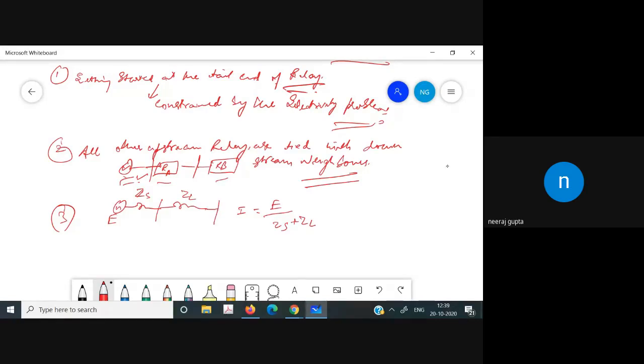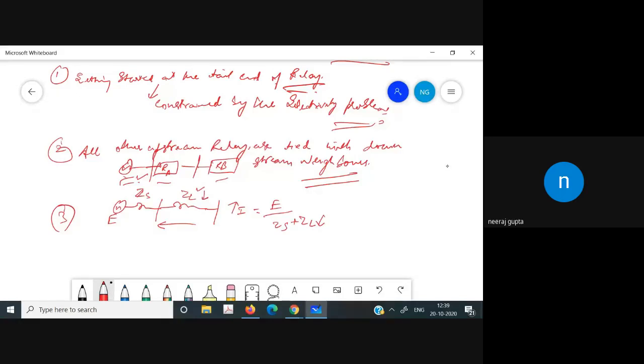When we are moving towards the source, it means that this impedance ZL is decreasing, and as a result, the current is increasing.